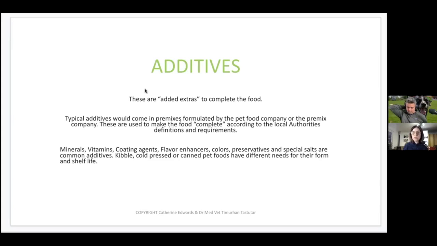I just want to draw your attention that anytime we're looking at additives, it normally means that the main food ingredients have not got enough of the required vitamins and minerals, so they're having to add them from an extra source that can be synthetic, man-made, or lab-made. That's correct.